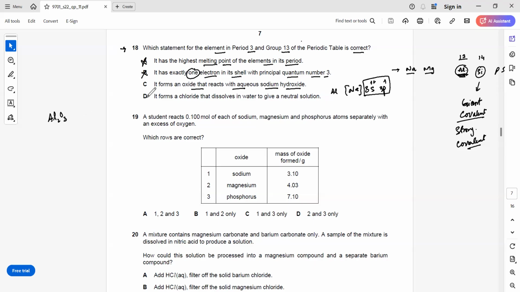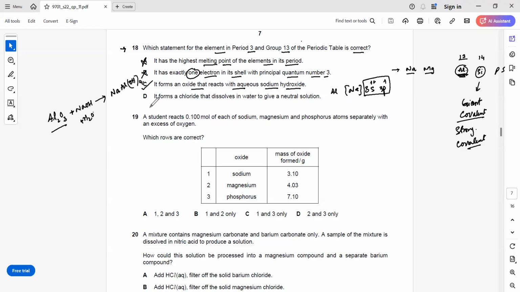So here they are saying it reacts with sodium hydroxide, an alkali, so it will behave as an acid. So remember this reaction: when it reacts with an aqueous alkali, it gives us sodium aluminate, NaAl(OH)4.